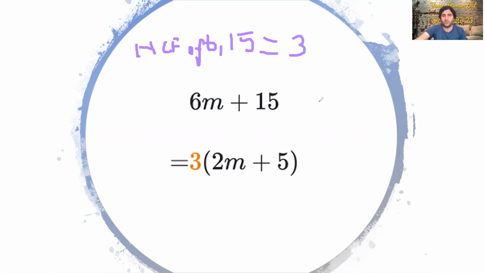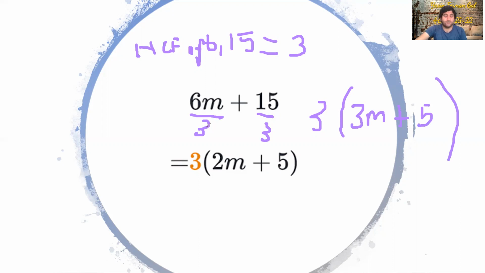Since I found my common factor, then I'm going to divide by the highest common factor. 6m divided by 3, it's going to be 3m, and then plus 15 divided by 3 is going to be 5.